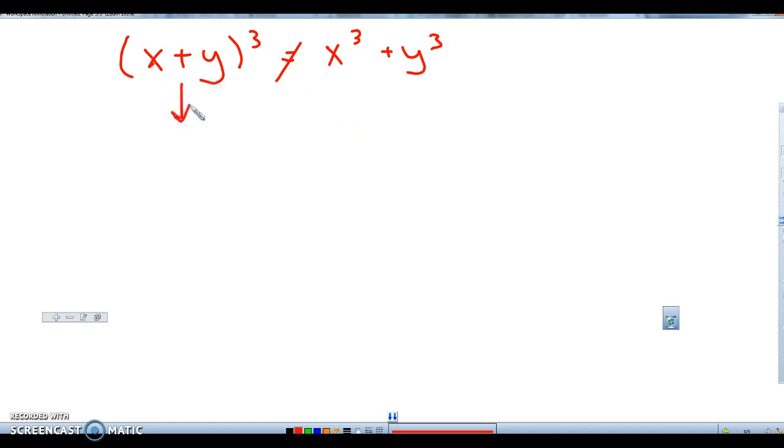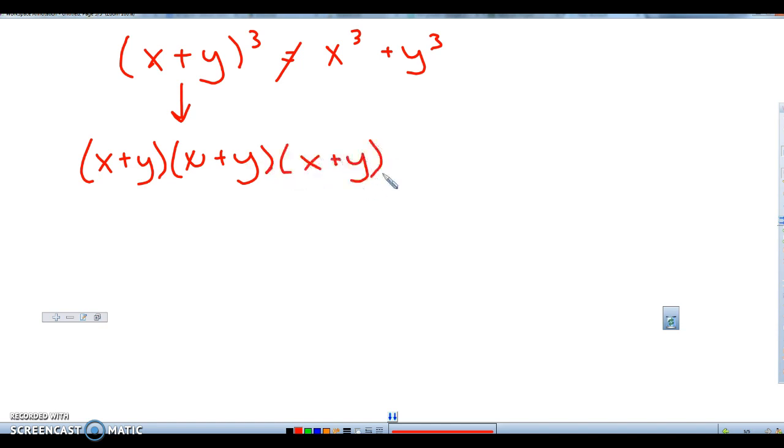Lastly, (x plus y) quantity cubed is not the same thing as x cubed plus y cubed. We will get to this later when we talk about polynomials times polynomials, but this is really saying (x plus y) quantity times (x plus y) times (x plus y). And when we learn how to multiply all these polynomials together, you'll see it's not this. So we'll come back to that at a different time.